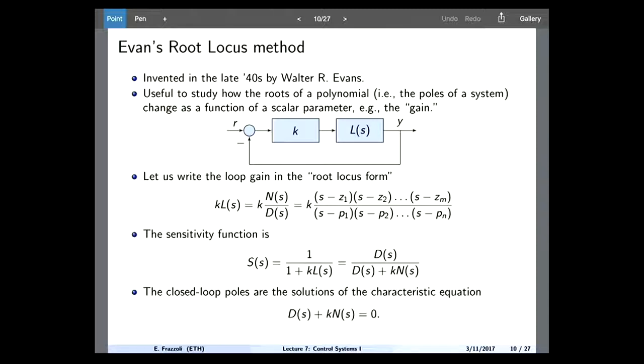So you see that the closed loop denominator will be given by d(s) plus k times n(s), okay? And the closed loop poles will actually be the roots of d(s) plus k n(s), okay? So now what we would like to do is understand what happens to the closed loop poles, that is, what happens to the closed loop behavior as we change k, okay? So how do we start?